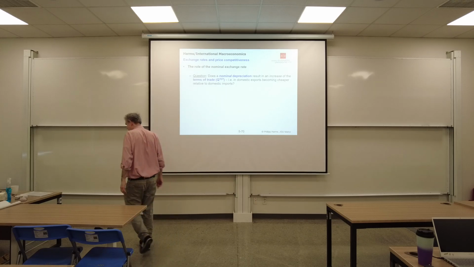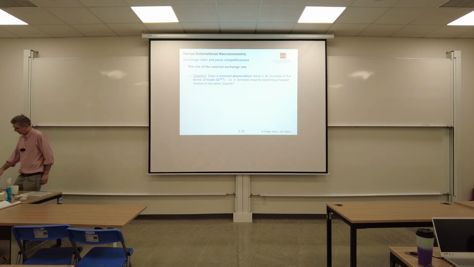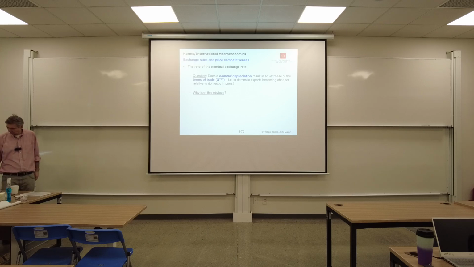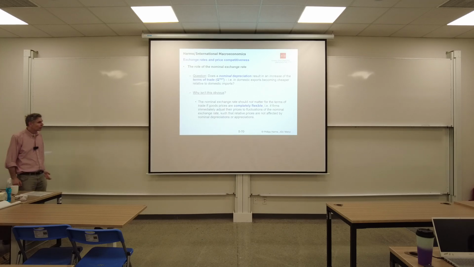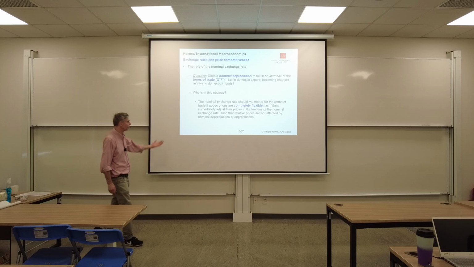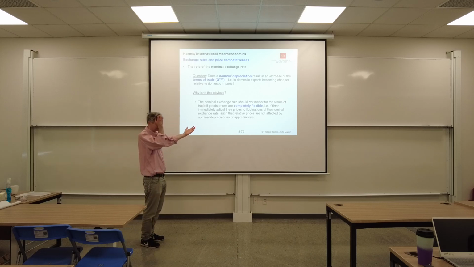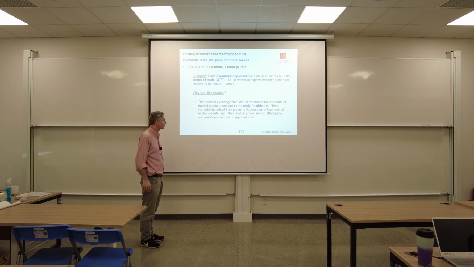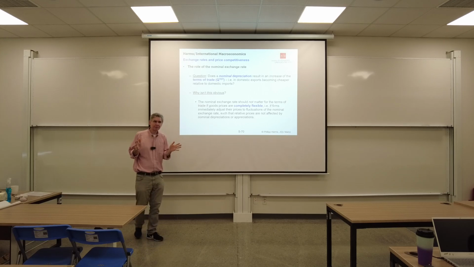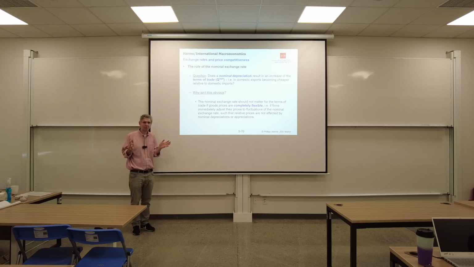Well, why isn't this obvious? The nominal exchange rate should not matter for the terms of trade if goods prices are completely flexible. That is, if firms immediately adjust their prices to fluctuations of the nominal exchange rate, such that relative prices are not affected by nominal depreciations or appreciations. You do have macro models where money isn't there.